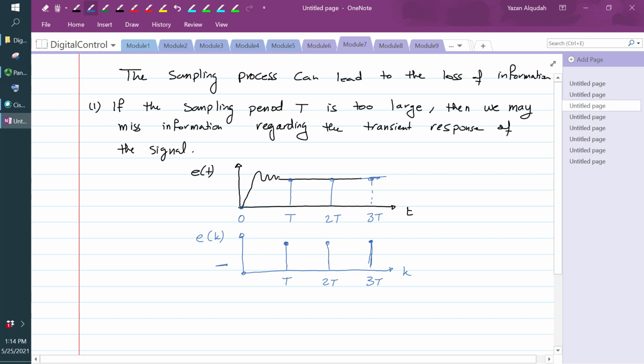So here in this case, since T is large, actually let's make it numeric and make this 1 second, 2 seconds, 3 seconds, and make this at 1, at 2, at 3. So this is 3 seconds, and we're going to assume that the sampling period T is equal to 1 second.